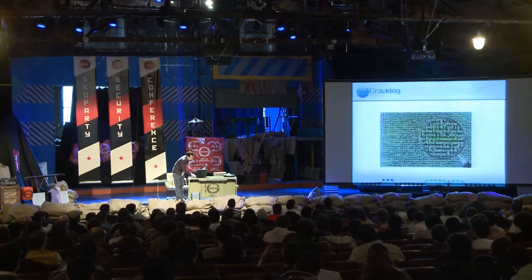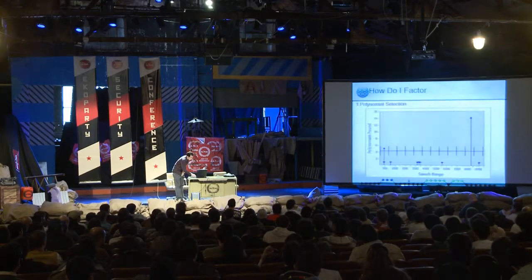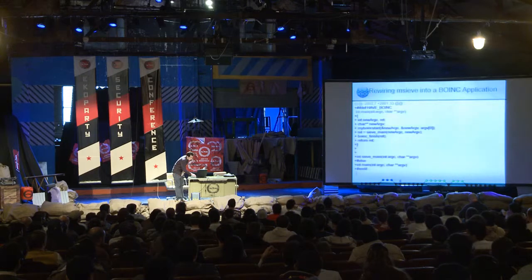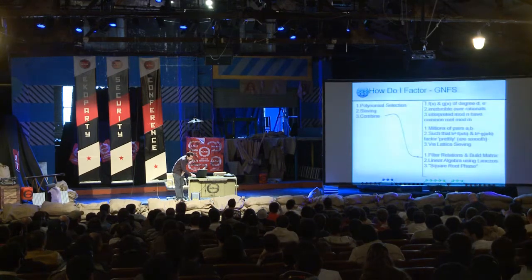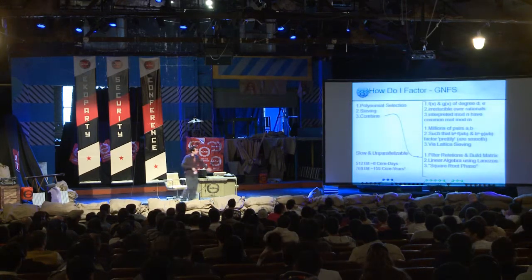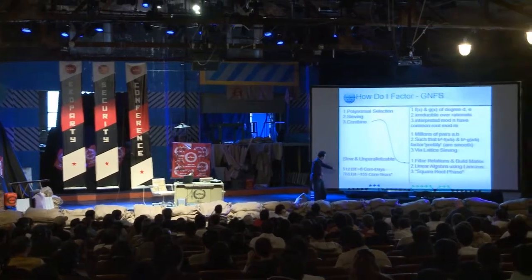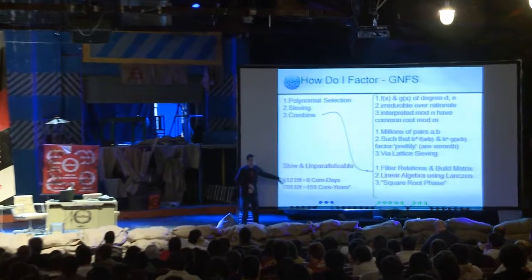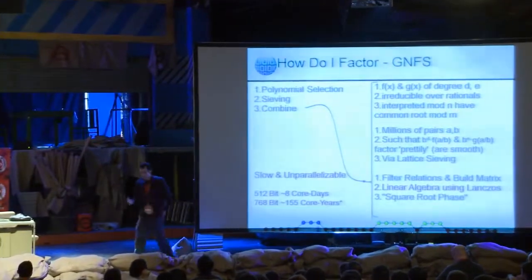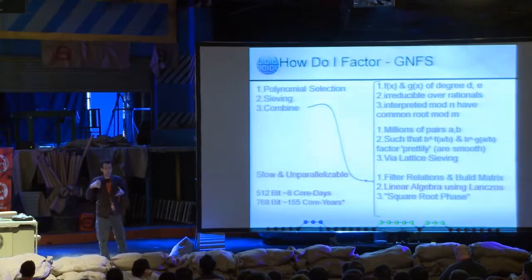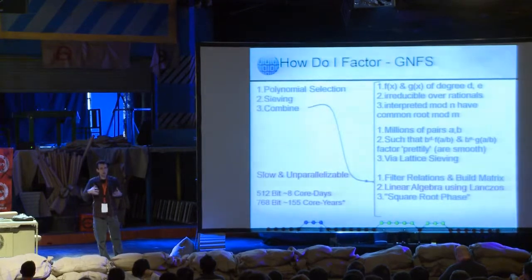Going back to the slide again, the Lenstra-Wiedemann job that I mentioned ran on more than one computer. The problem for us is the way the algorithm works. You need extremely high throughput.